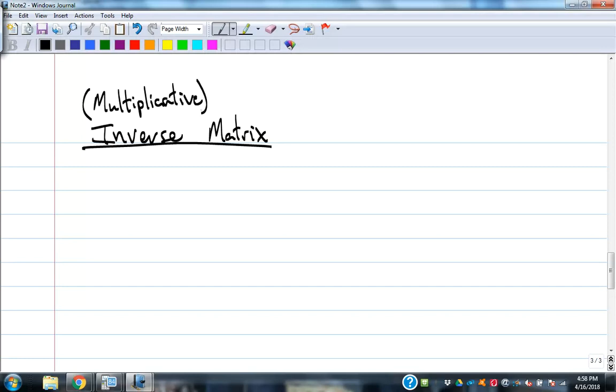And if you think about it in those terms, it makes the idea of what you're doing make more sense. What's the multiplicative inverse of, say, the number 3? It's 3 to the negative 1 power, which is 1/3. That's what an inverse does. It's a reciprocal. So with a matrix, what we're trying to find is the reciprocal matrix, basically.